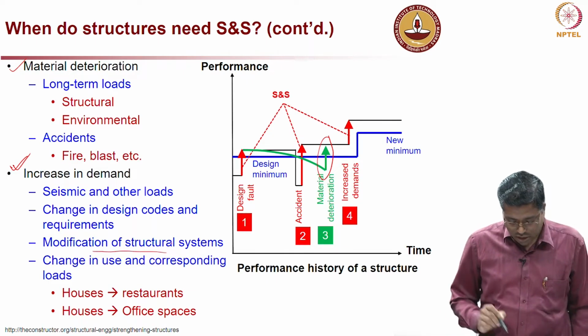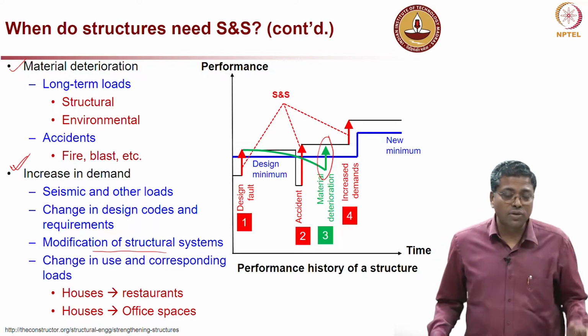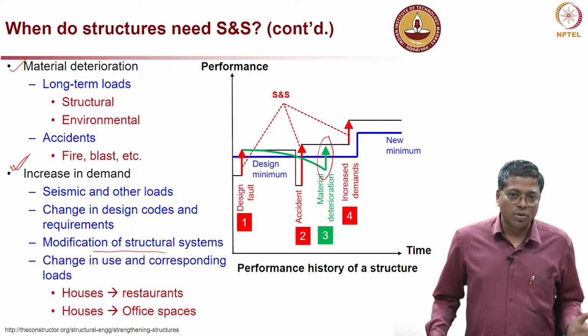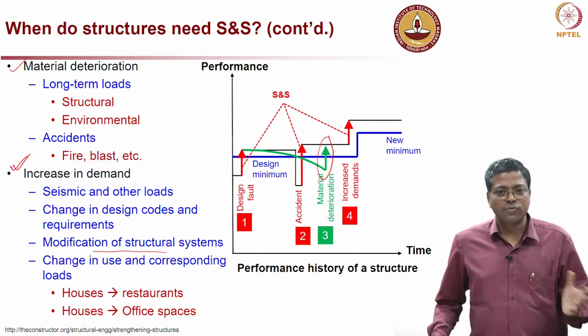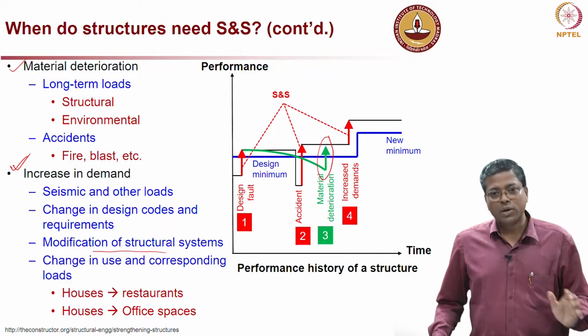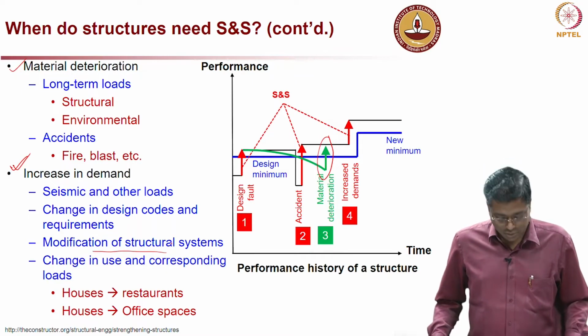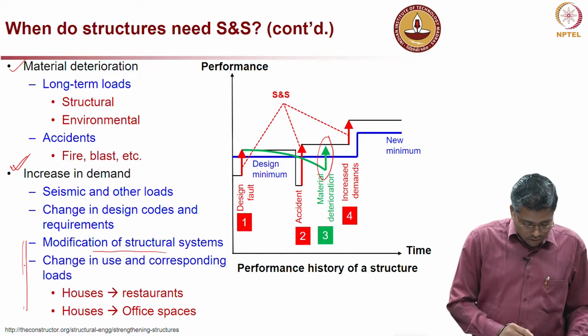Then the modification of structural systems. Maybe some structures were not meant for the change in the loads which are being experienced by the structure because of a change in the functionality of the building or because of a change in the structural systems itself. So, those are these 2 points here.